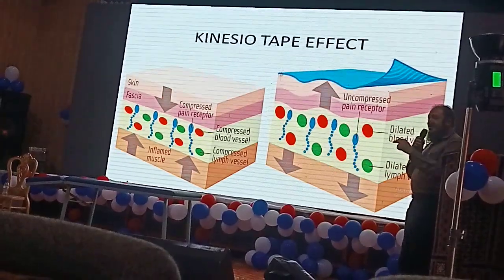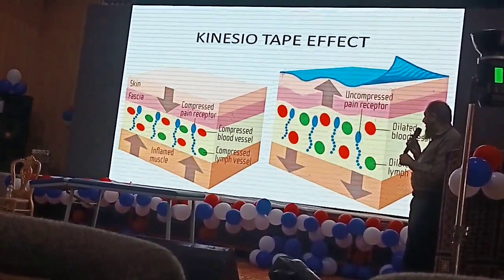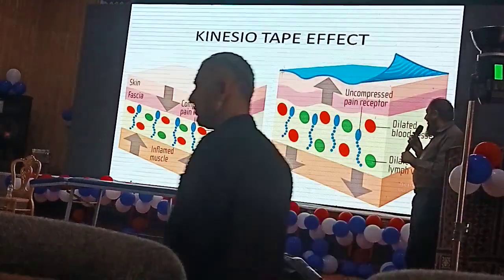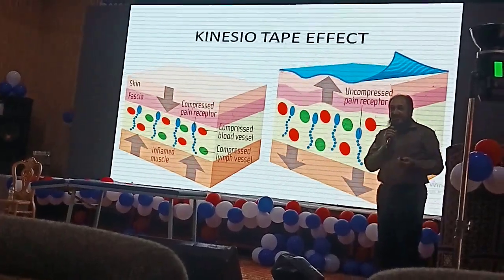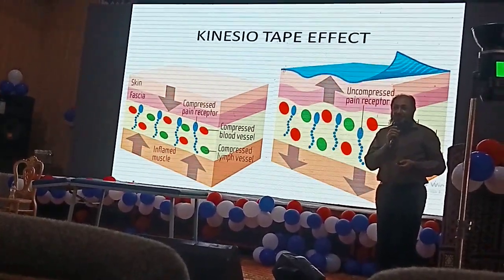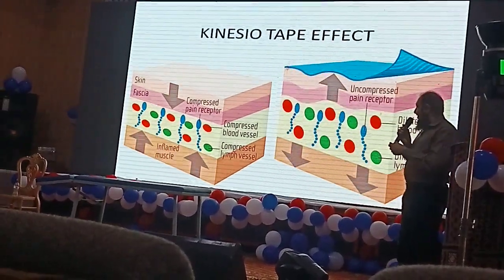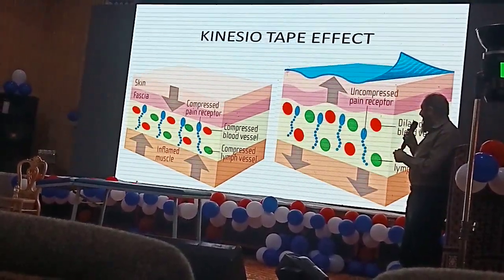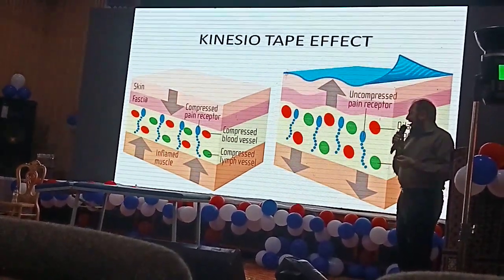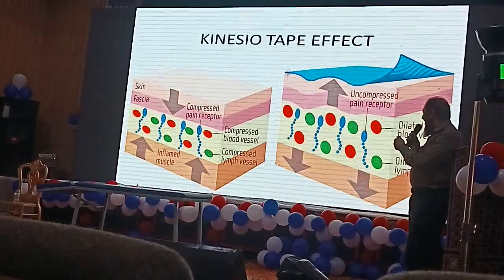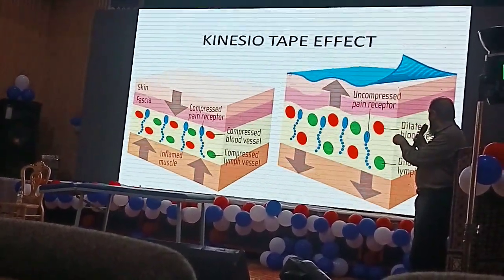When the fascia is compressed, it compresses your blood vessels and also lymph vessels, and on the other side there is inflamed tissue inside, which also puts upward pressure, and then you have all this problem coming on. The pain receptors are compressed, which causes more pain, and you have inflamed muscles and compressed lymph.